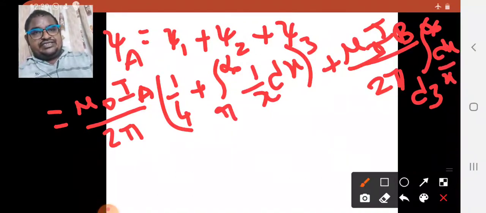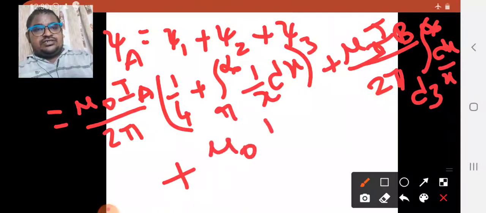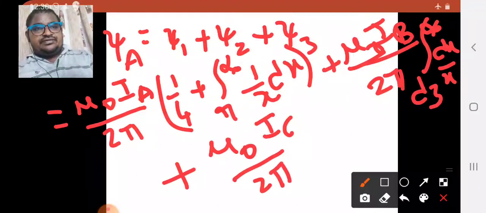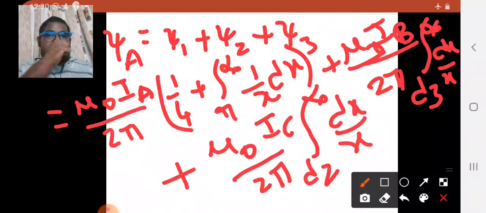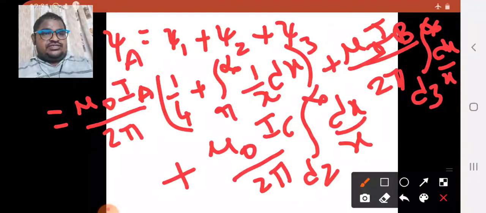Next, what is psi 3? Mu naught IC by 2 pi integral d2 to infinity dx by x. Now you simplify this entire equation. That is, you do the integration and you can common the terms like this.